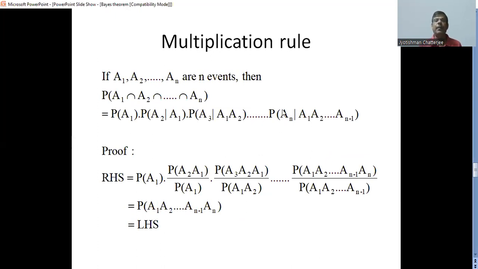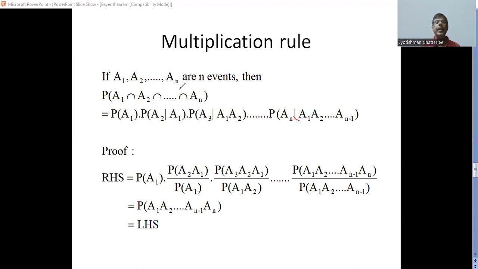All right, multiplication rule. Again, a long-looking expression, but once you understand the rhythm of the formula, it becomes easy to remember.